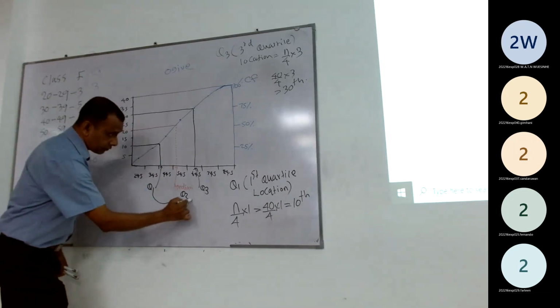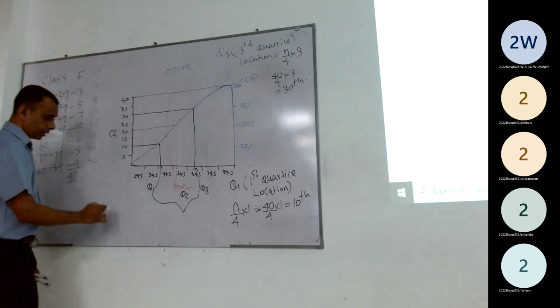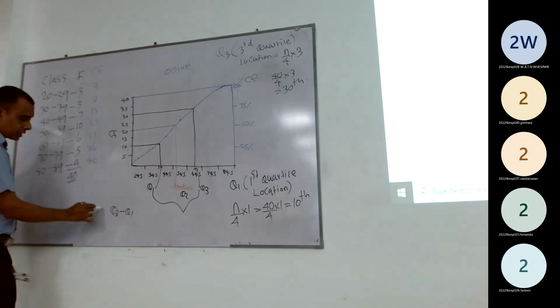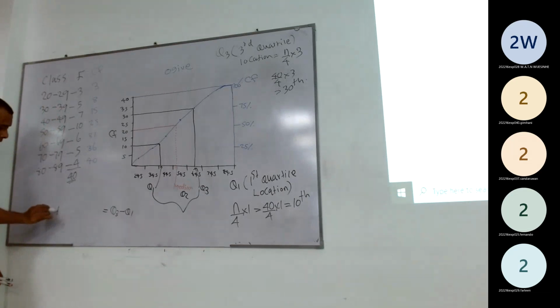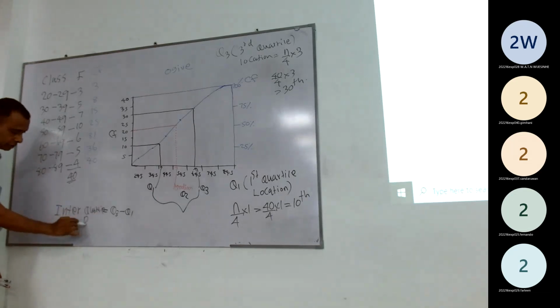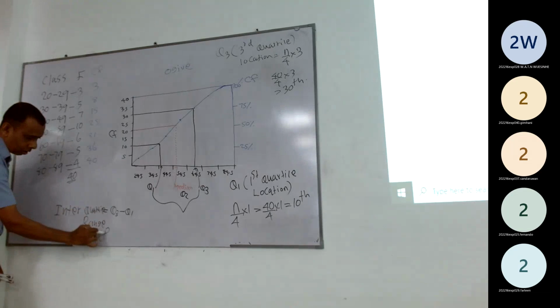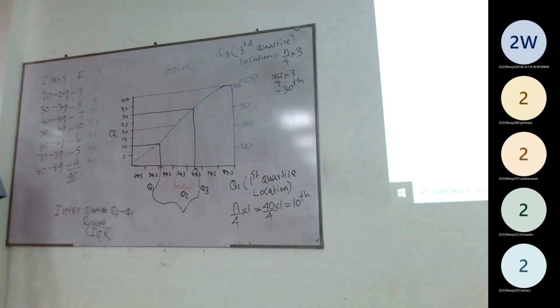Right, if you take the difference, Q3 minus Q1, that difference is called the interquartile range, IQR. Interquartile range is Q3 minus Q1.